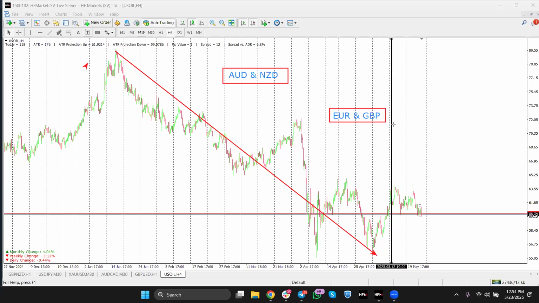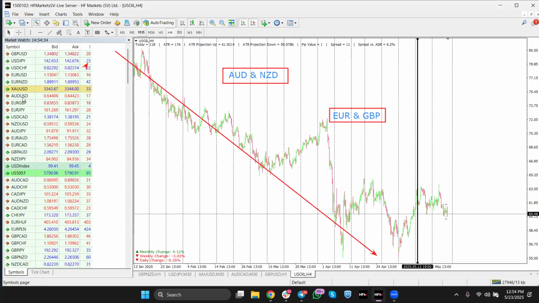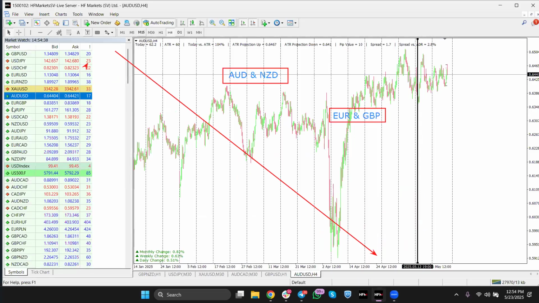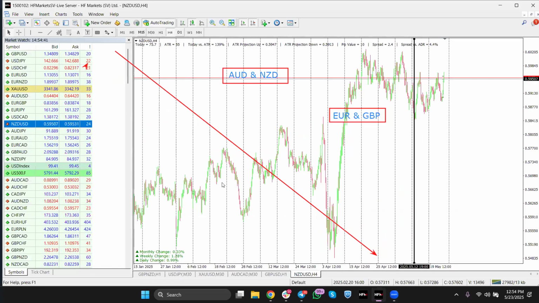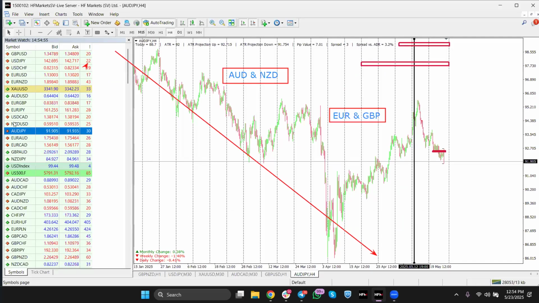Let's just quickly take a look. Look at AUD/USD, for example, and look at NZD/USD. Looks so similar. Look at AUD/JPY, for example, and look at NZD/JPY.